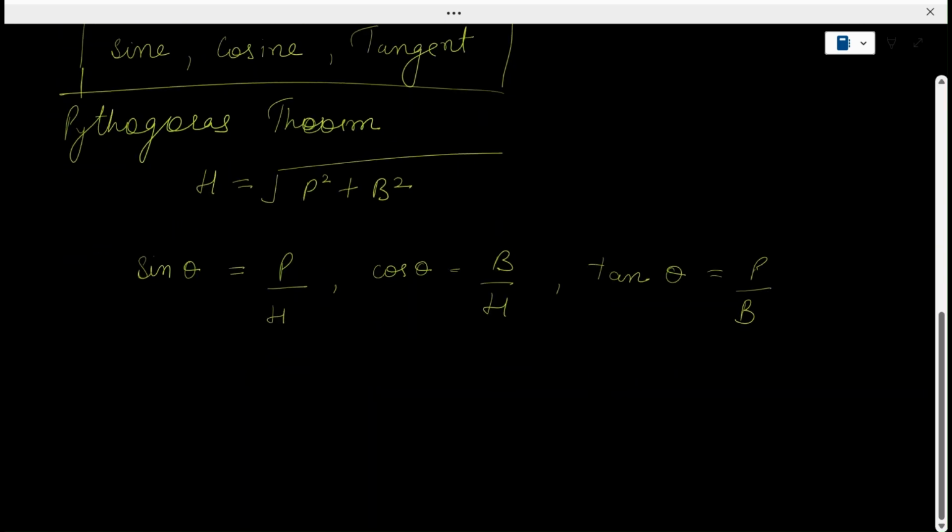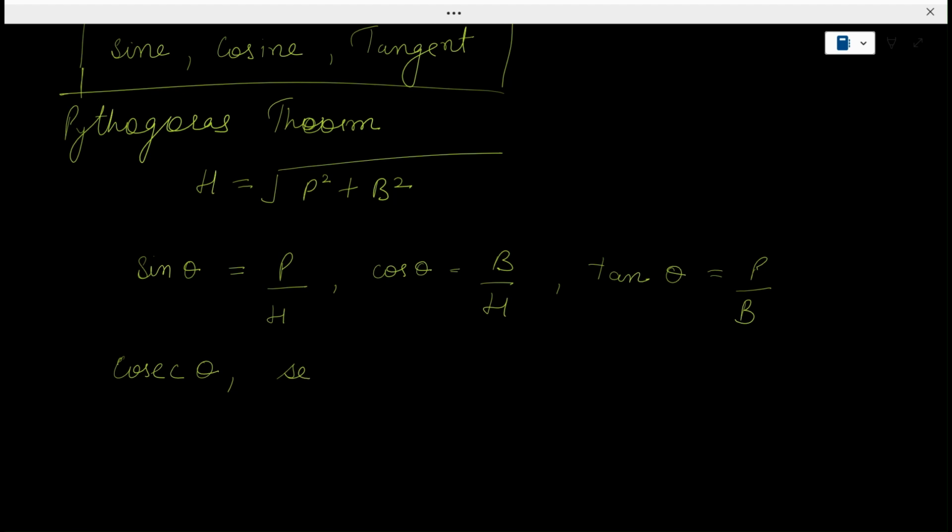Now, some more terms we have which are simply related to these three or have come out from these three. These are cosecant theta, secant theta, and cot theta.